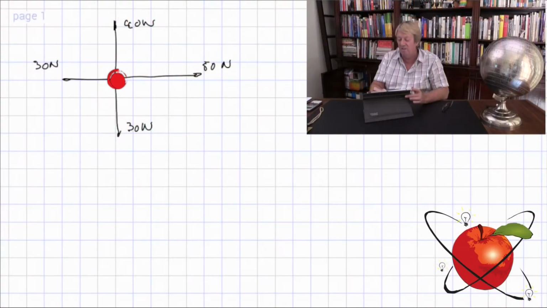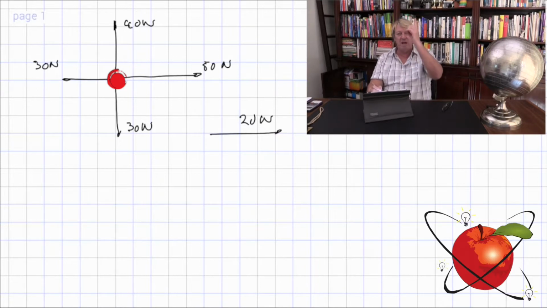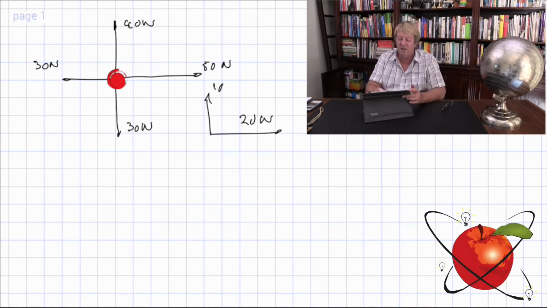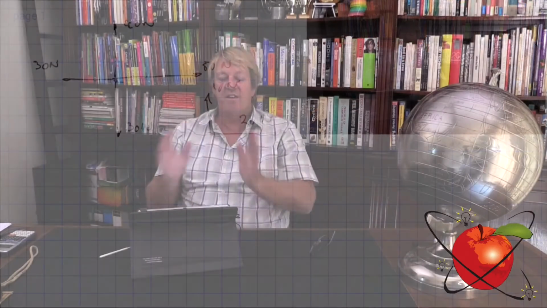So we've got a 50 minus 30, a 20 newton force that way, and now vertically my pull up is more. So I say, right, I therefore have a resultant upward force of 40 minus 30 of 10 newtons.